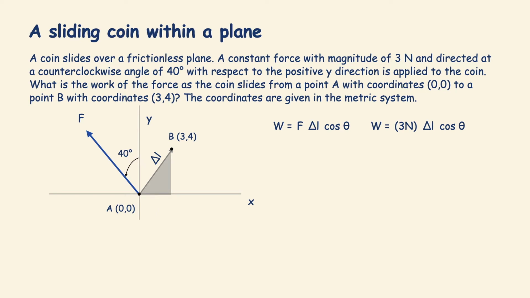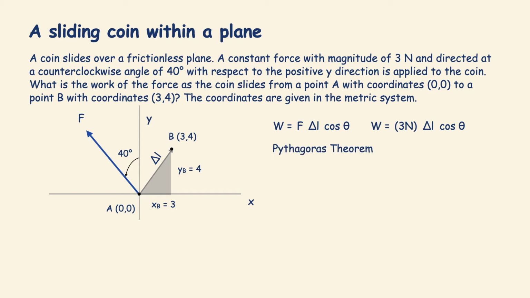The first thing we notice is this highlighted right angle triangle for which delta L appears to be the hypotenuse. The sides of that triangle are 3 and 4, which are the coordinates of point B. So the x-coordinate 3 will be one side, and then the y-coordinate yB equal to 4 will be the other side.